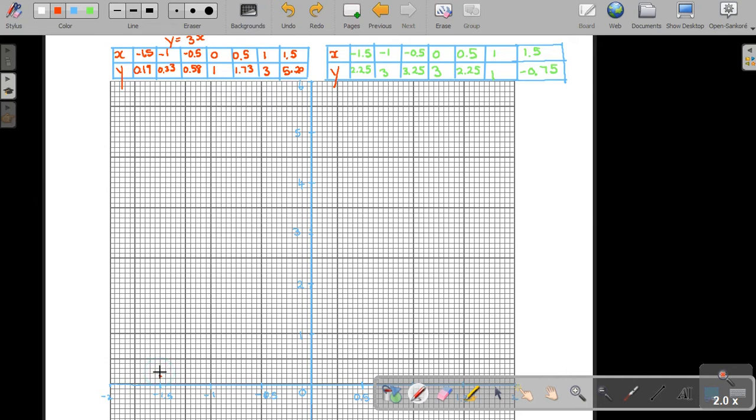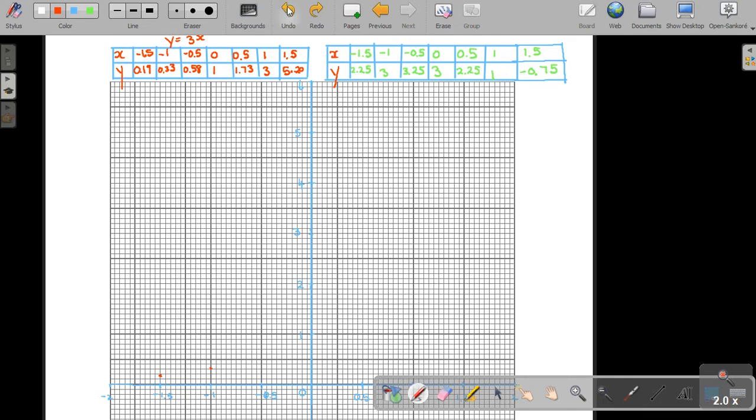So 19 will be about there. Okay. Then this is -1 and 0.33. So 0.1, 0.2, 0.3, 0.33, no, it's a bit too low. 33, it's not in the middle, but almost in the middle.